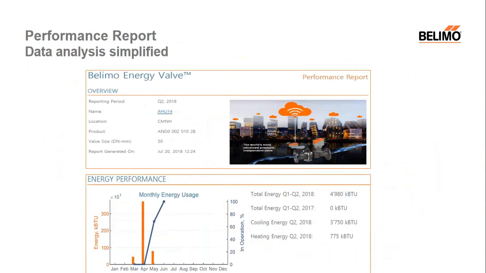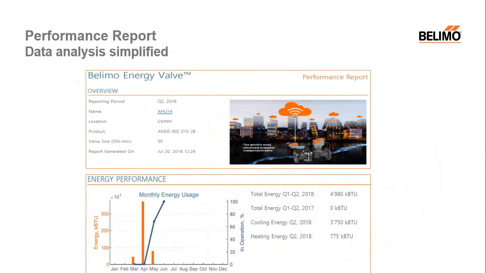The performance report. This is what I alluded to earlier in our cloud services. Now this simplifies data analysis for you. With all the data up in the Belimo Cloud, this gives one way to produce a very short and concise snapshot of what's going on in terms of operation: the valve location, the valve name, the valve size, and key energy performance criteria.